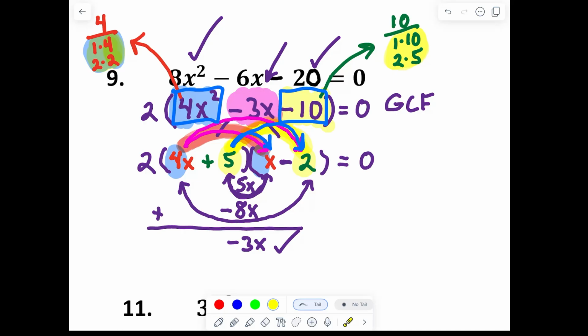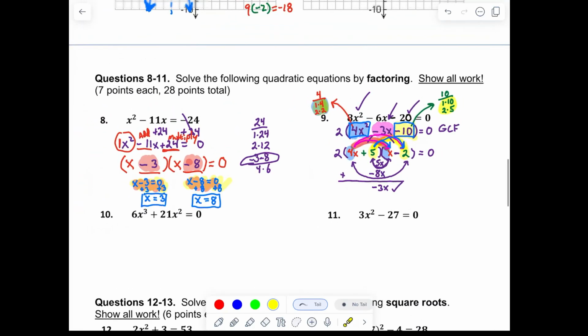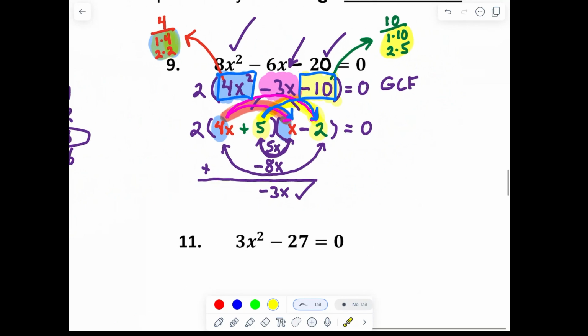I know that the 5 and the negative 2, that took care of my last term, the negative 10. And I know that the 4x and the x, that took care of my first term. And then the only thing left was the O and the I of FOIL, or you might call it little smiley right here, and big smiley.